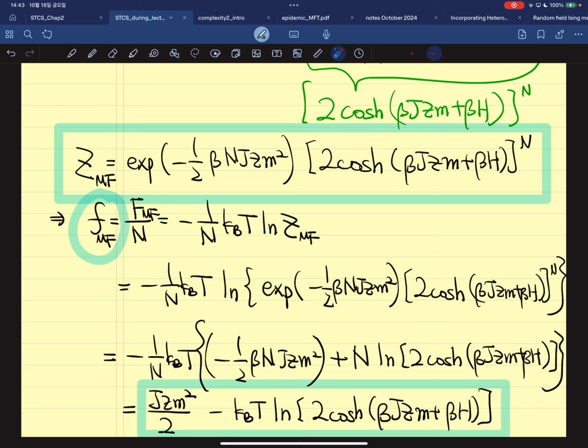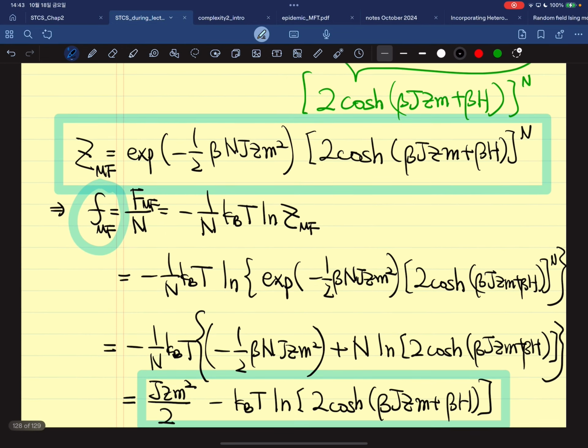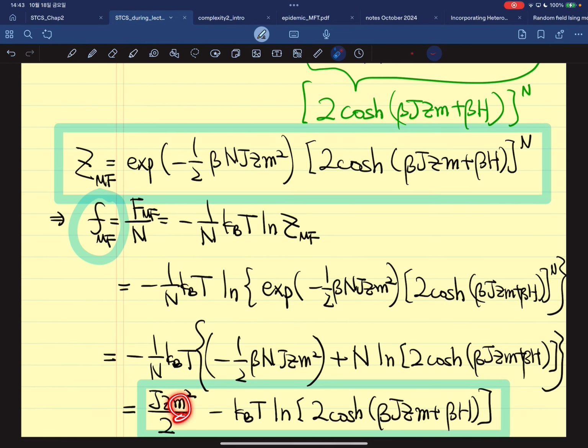Perhaps you attempt to differentiate this function only with respect to this h. But again, as I emphasize, this m is in fact explicitly a function of h as well.